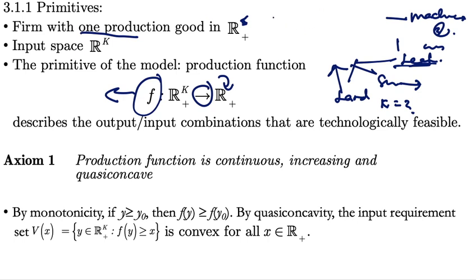Usually what we see in your intermediate micro is Y as a function of, let's say, the K here, instead of 3, we have 2, capital and also labor. So what you saw in your intermediate course is like this.